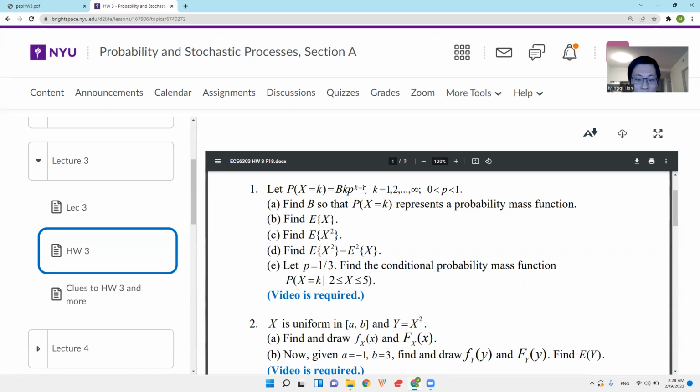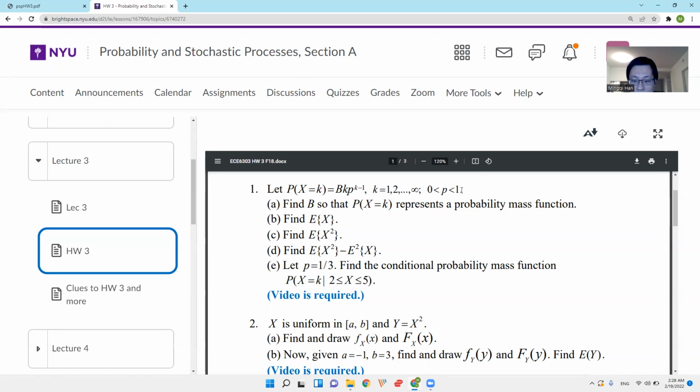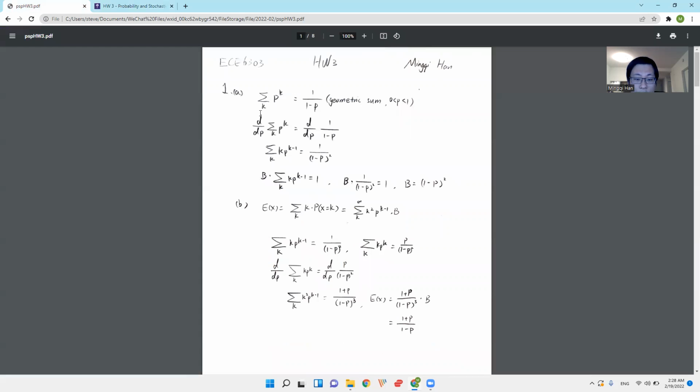But there's no simple way to get that directly. So we do have the geometric sum equation like this, p to the k, and for this p must be smaller than 1, larger than 0, and here it satisfies that. We can take the derivative of both sides with respect to p.